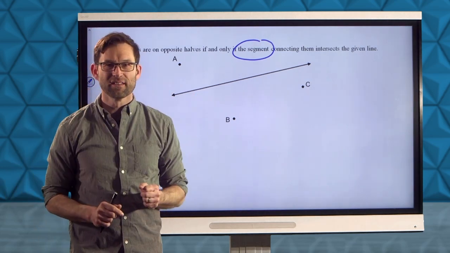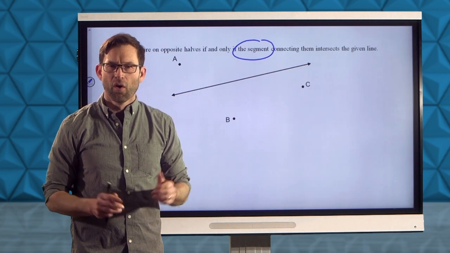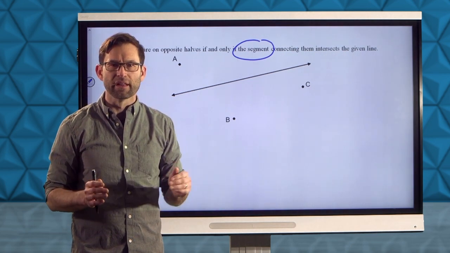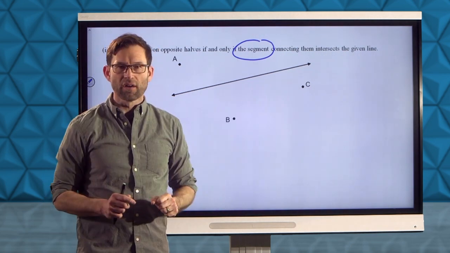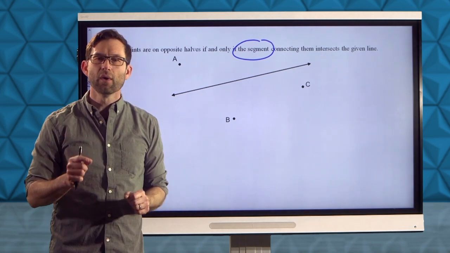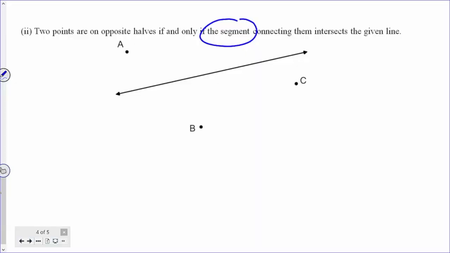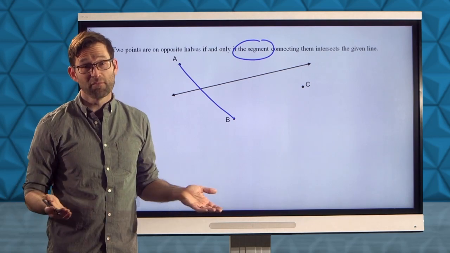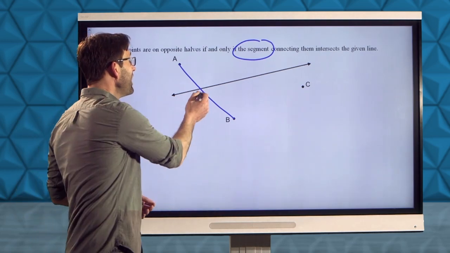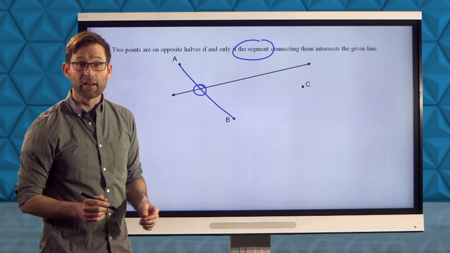All right, now again you might say to yourself, well, it's pretty obvious that A and B are on opposite sides of the line, or are in two different half planes, whereas B and C aren't, right? But this gives you a wonderful test of it. If I connect A and B with what's supposed to look like a straight line, but kind of doesn't, it intersects that line.